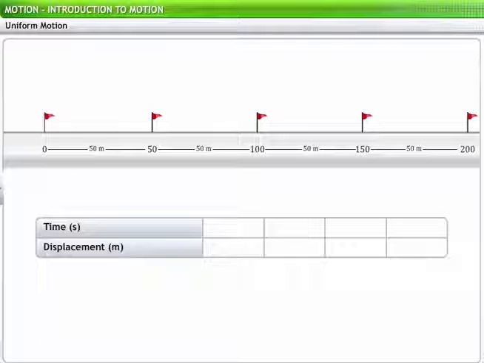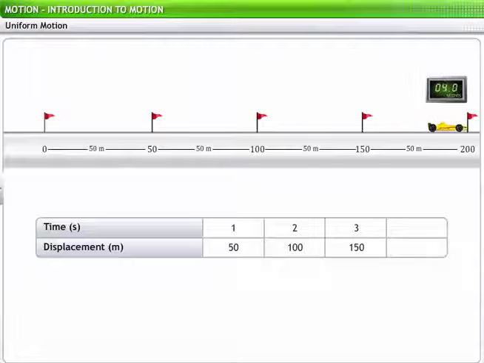When an object is in motion, its motion may or may not be consistent all through its journey until it comes to rest again. Let us observe the yellow car in the race. What do we see? The car moves 50 meters every second continuously.